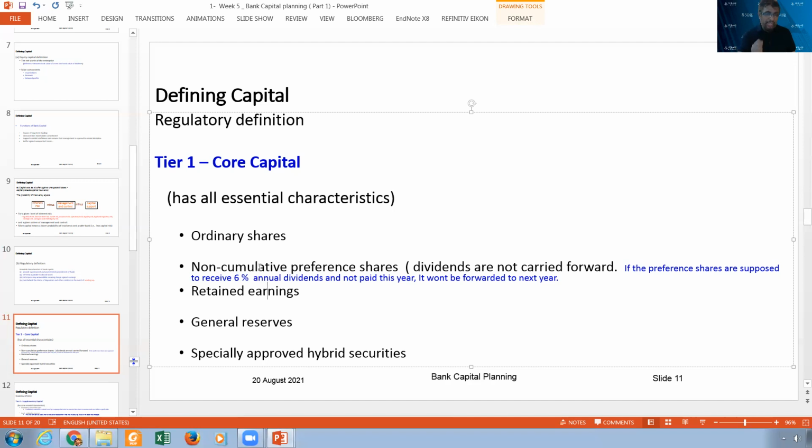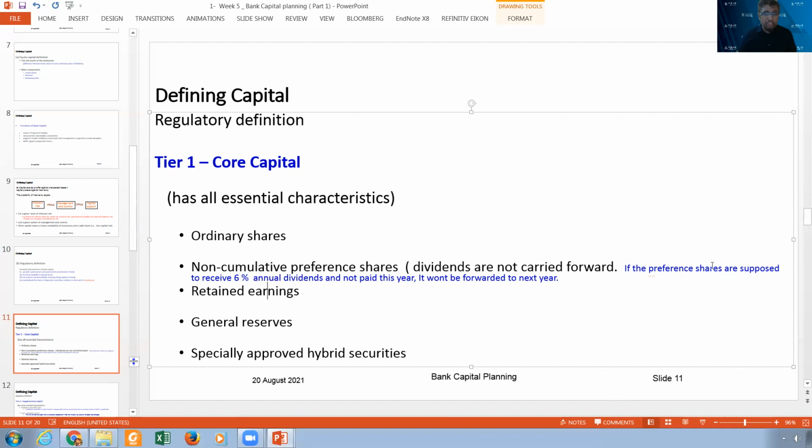Now, this type of preference shares has two types. One of them is called cumulative, and the other one is called non-cumulative. The non-cumulative is part of tier one. Why is it part of tier one? Which means higher quality, better quality than the cumulative one. Why?